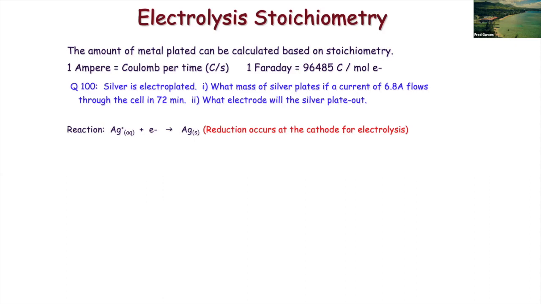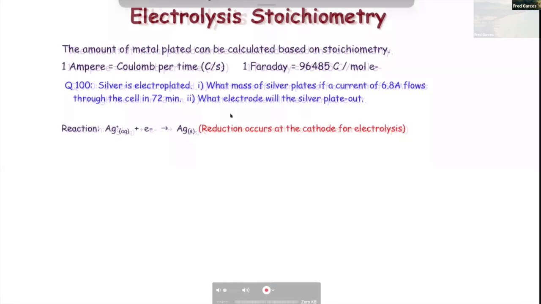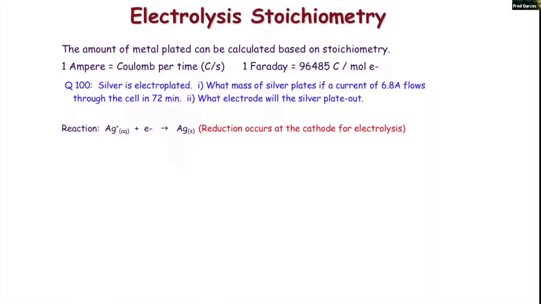There are a couple of things that you need to know. An ampere, which is a unit of electrical current, is a coulomb per second. So 1 amp is a coulomb per second. And then a Faraday is a coulomb per mole of electrons, 96,500 or 96,485.